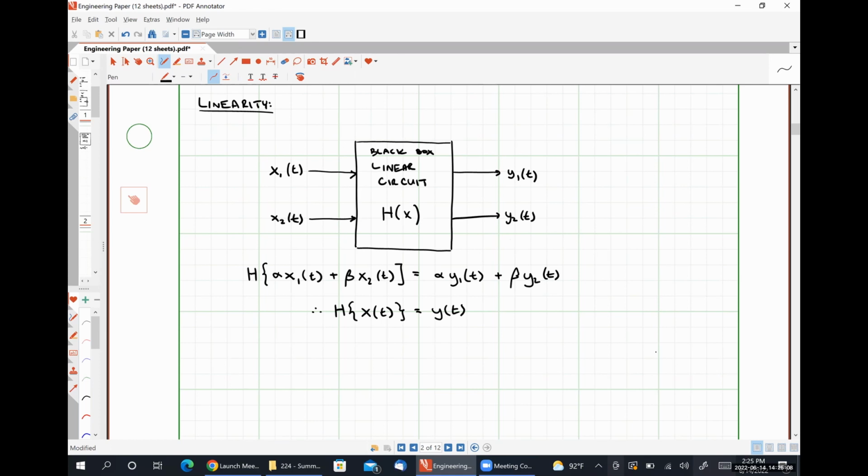And these two properties are additivity and homogeneity, or scaling. So we're going to look at the additivity property first.